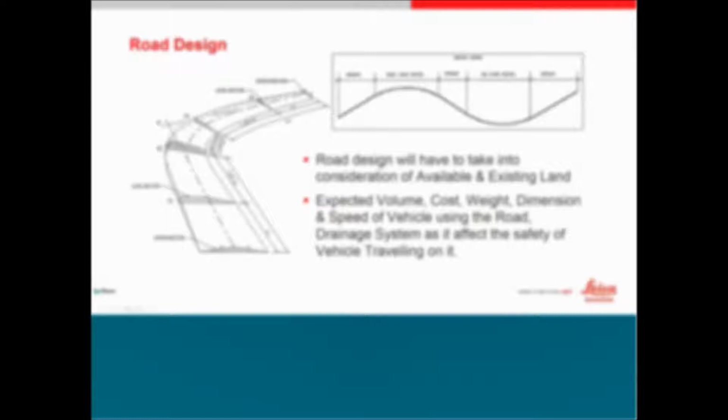So we can't simply design according to whatever they like; they have to see what land is available and what the existing conditions are like, and then expect the volumes of traffic, the weight, the dimensions of the road that they want to build, the speed of the vehicles that will travel along it, and the drainage systems that they are going to use or construct.